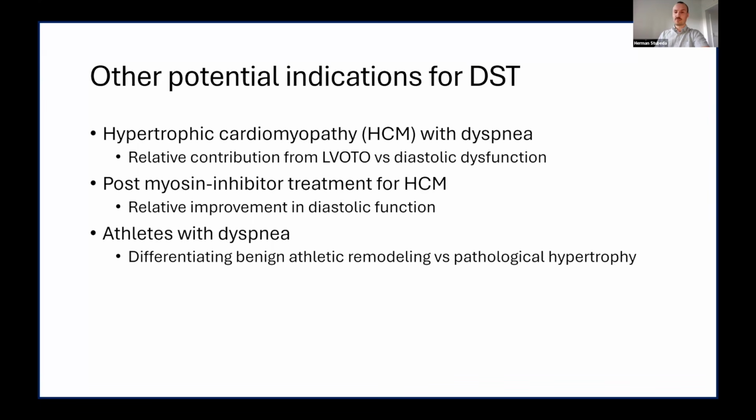And on the flip side, in those receiving myosin inhibitor therapy, such as mavacamten, a DST can assess improvement in diastolic function. And so that can be a data point that can be used to discuss with the patient. And also in athletes with dyspnea, a DST can differentiate between benign athletic remodeling and pathological hypertrophy as well.